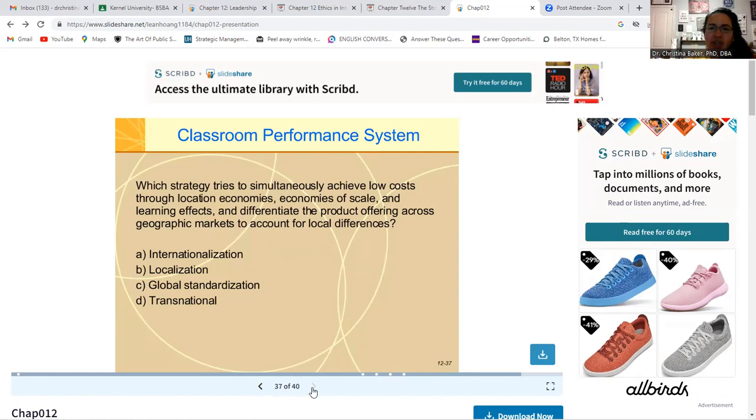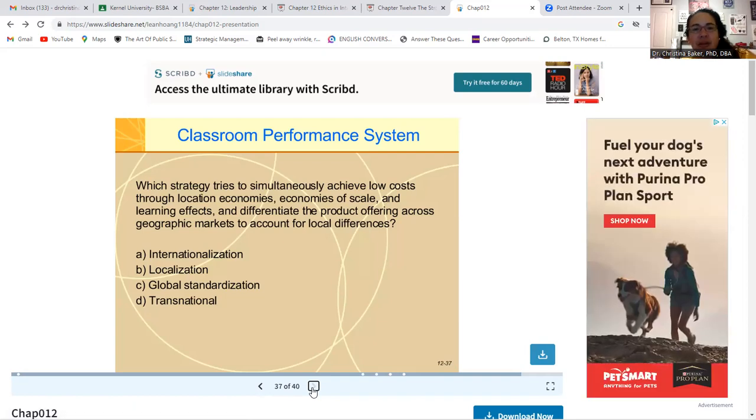Which strategy tries to simultaneously achieve low costs through location economies, economies of scale, and learning effects, and then differentiate product offerings across geographic markets to account for local differences?